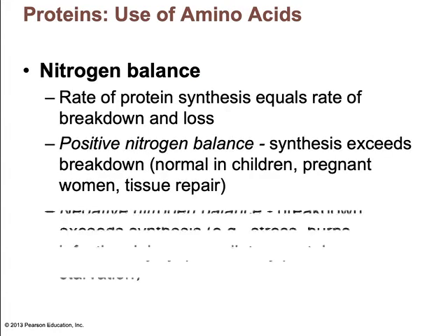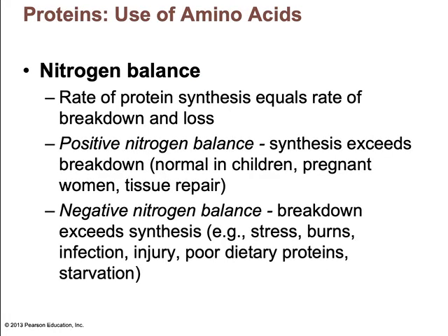Your nitrogen balance is just the balance between your nitrogen intake and your output. Normally, those are equal. Okay. The rate of protein synthesis usually is going to be equal to the rate of protein breakdown and loss.